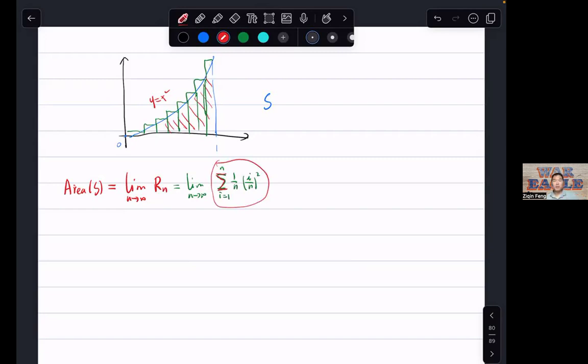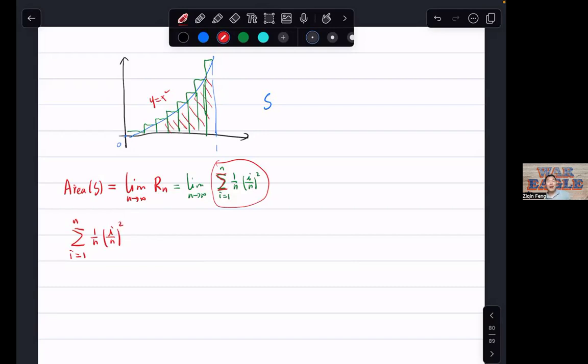Then we can apply L'Hopital's rule or the limit techniques we have learned so far to evaluate it. So let's simplify our summation first: i from 1 to n, 1 over n times (i over n) squared.